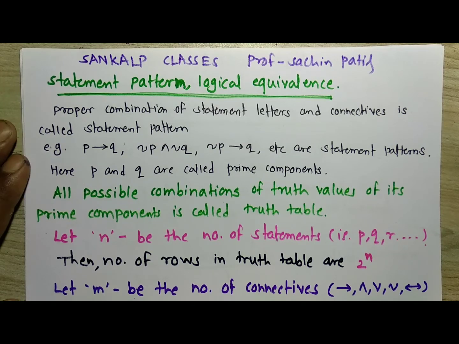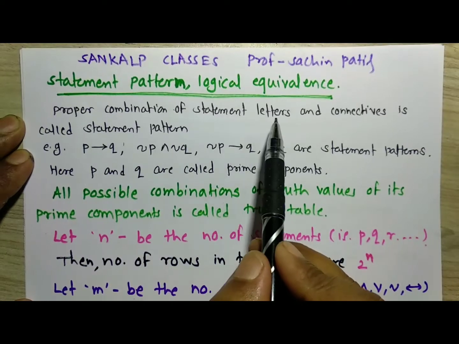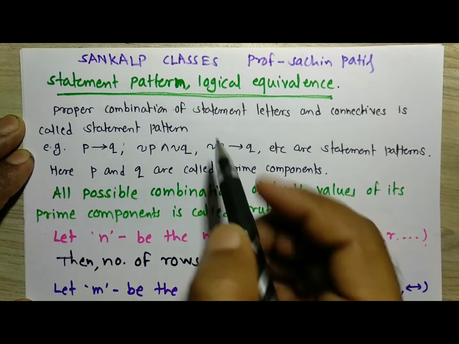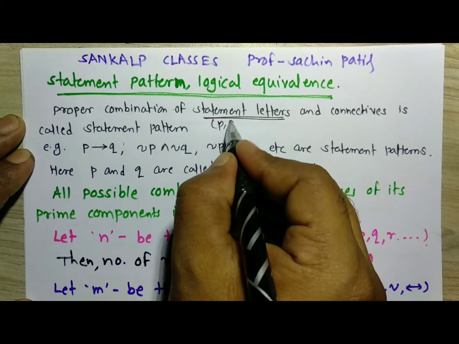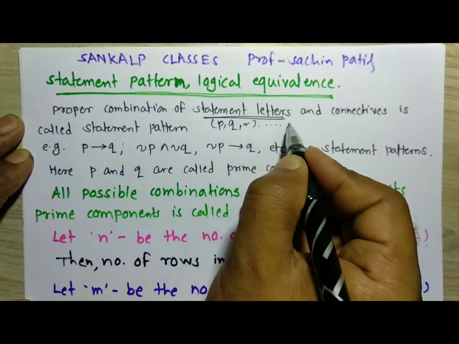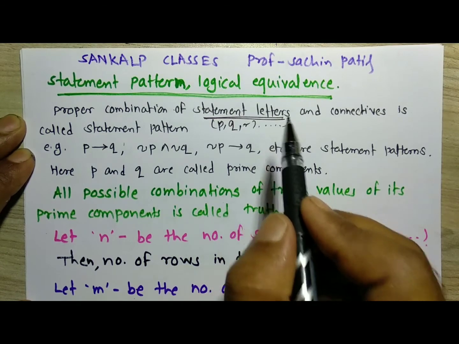Right now we are going with statement patterns and logical equivalence. First of all, we have to go with the definition of a statement pattern: a proper combination of statement letters and connectives. Statement letters are nothing but P, Q, R and so on, the statements taken inside a compound statement.